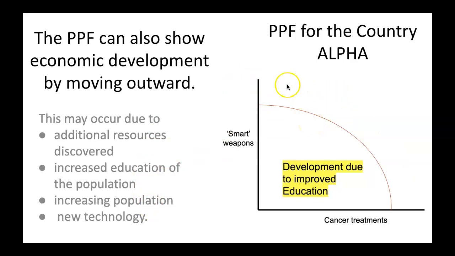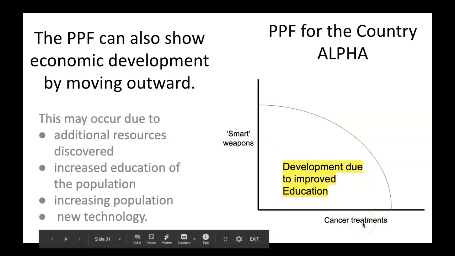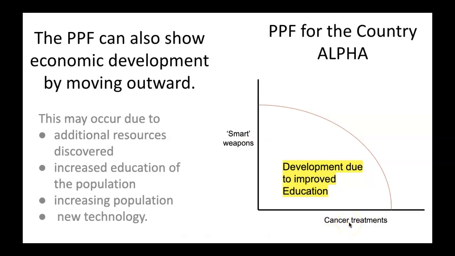In other words, let's say the population generally has become more educated, then we have more people working on developing weapons that are more accurate or smarter, if you will, or in the same token, more people studying how to cure cancer. You have this higher level of education all around, and you're going to see your possibilities increase.